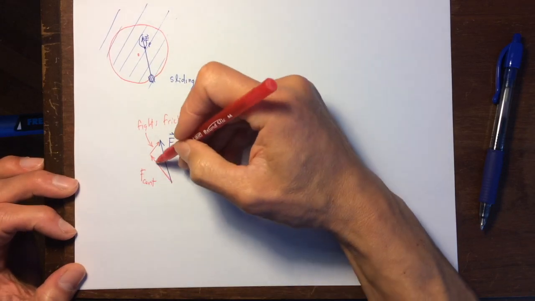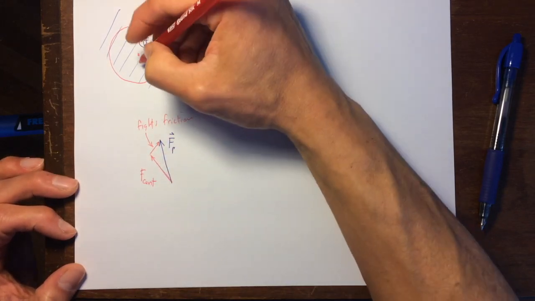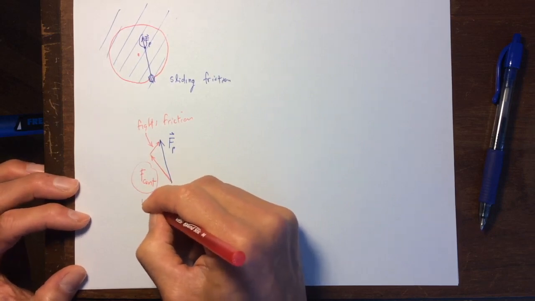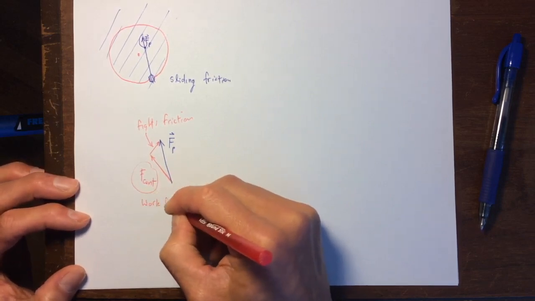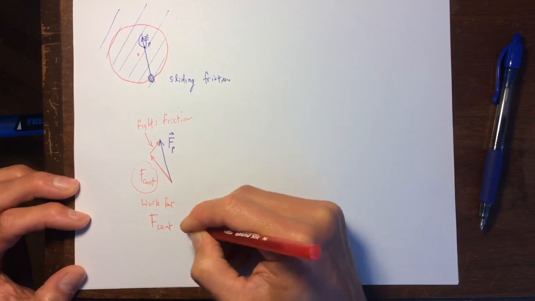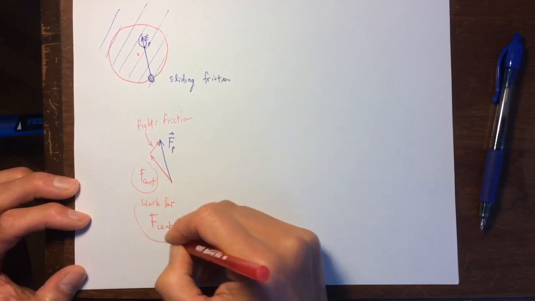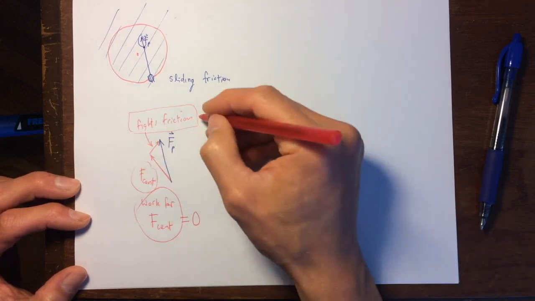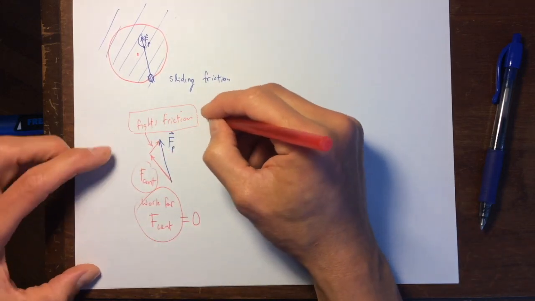And where this center-pointed force can never do work, the work for F centripetal is always going to be 0. This force, though, is going to be able to do work.